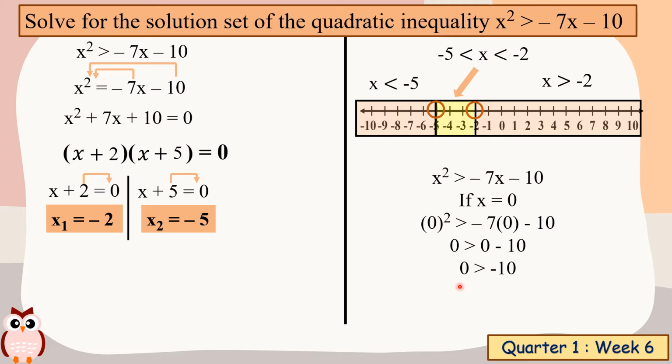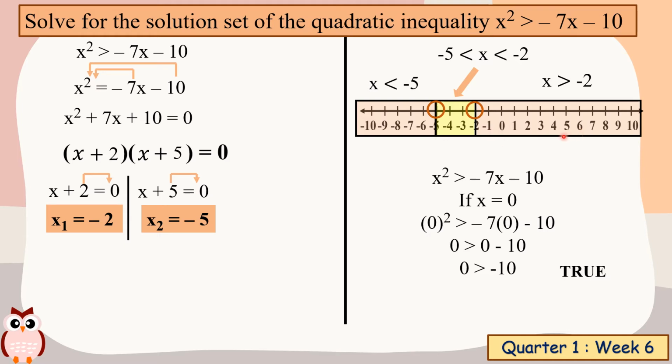Now the question is, is this statement 0 greater than negative 10? Very good, this statement is true or correct. Once this statement is true, you have to look kung nasaan po yung 0 na yan from our number line. And as you can see, nandito siya sa right portion ng ating graph.